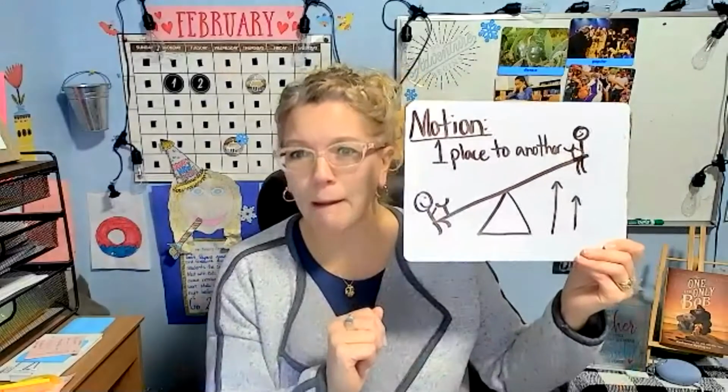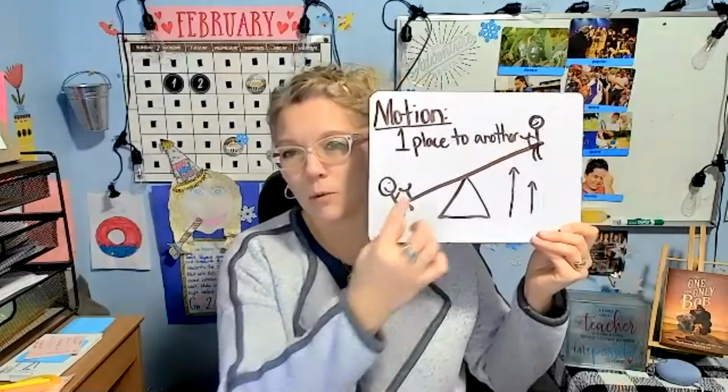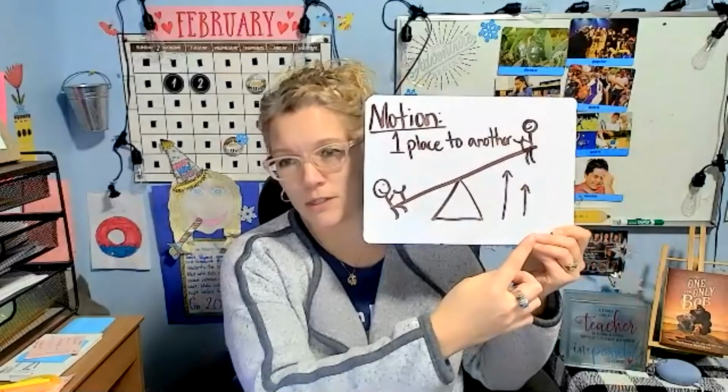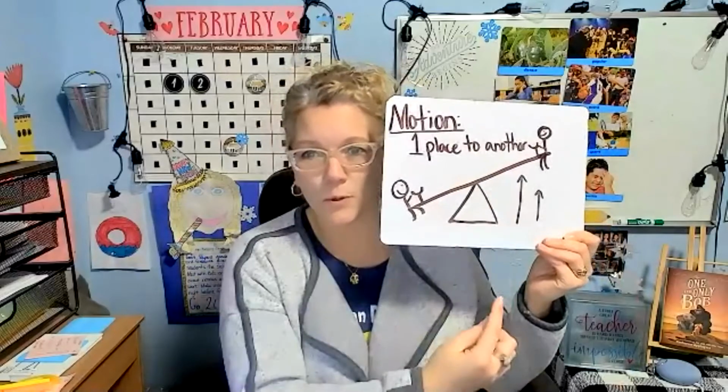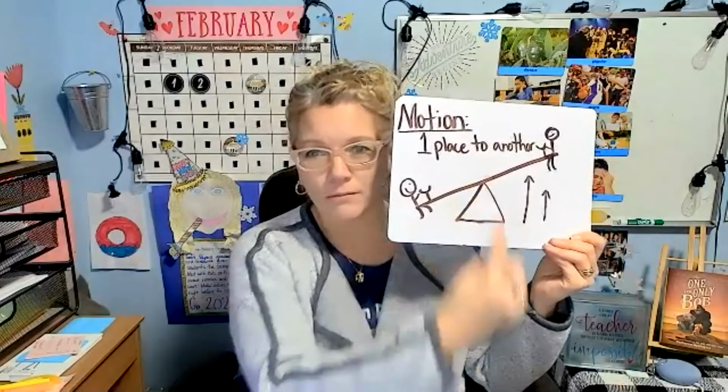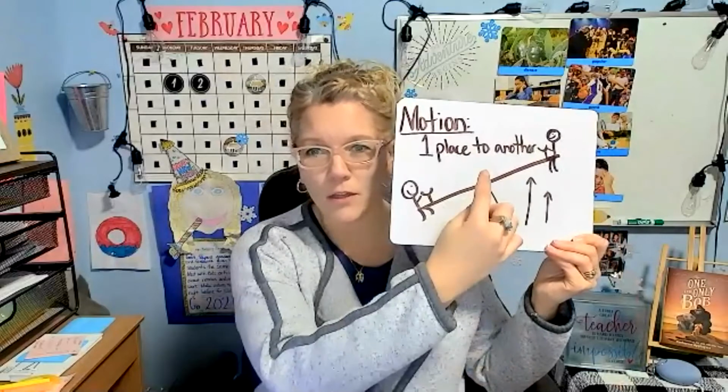So let's just say that you and a friend are on a seesaw, and we don't have those at our school anymore, but a seesaw is a long bar. This is my best drawing, okay? It's a bar where one person sits on the end and then another person sits on the other end, and they push off with their feet, and the other person goes up and the other person goes down. That's a motion, moving from one place to another.